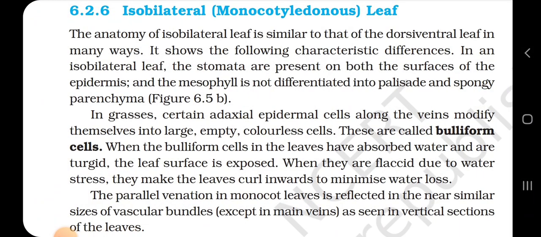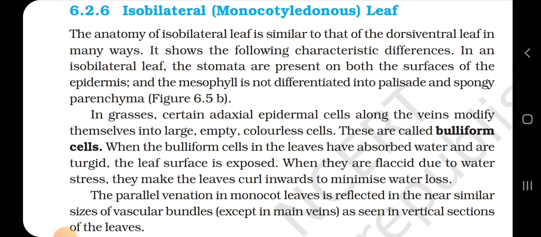6.2.6 Isobilateral, or monocotyledonous, leaf. The anatomy of the isobilateral leaf is similar to that of the dorsiventral leaf in many ways. It shows the following characteristic differences. In an isobilateral leaf, the stomata are present on both surfaces of the epidermis and the mesophyll is not differentiated into palisade and spongy parenchyma, Figure 6.5b. In grasses, certain adaxial epidermal cells along the veins modify themselves into large, empty, colorless cells.